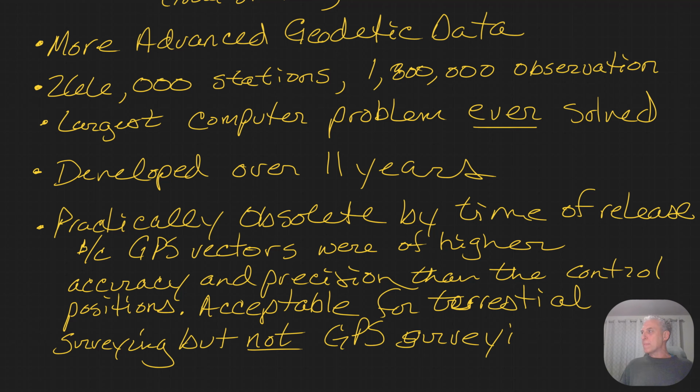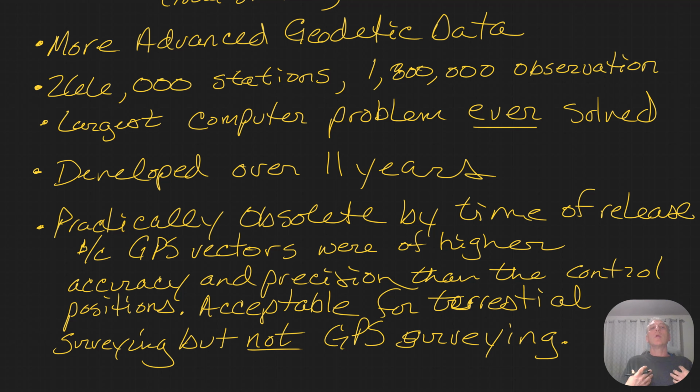Now imagine what that means. I mean, when I try to take in the scope of a project like the development of NAD83, wherein we have 266,000 stations, 1,800,000, almost 2 million observations.